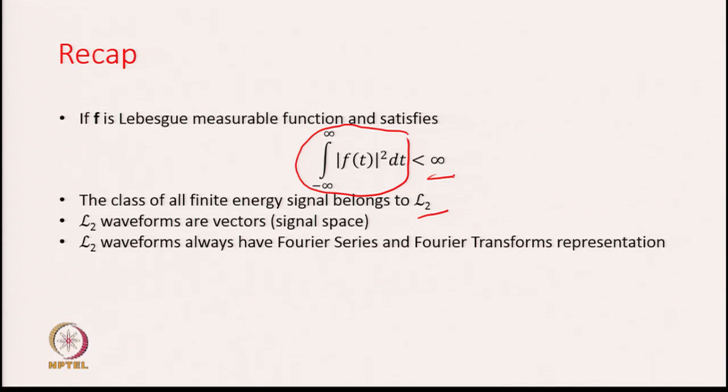Now, we love these L2 signals because L2 waveforms are vectors, and L2 waveforms always have a Fourier series and Fourier transform representation. So, this is the one big idea that we have learned.